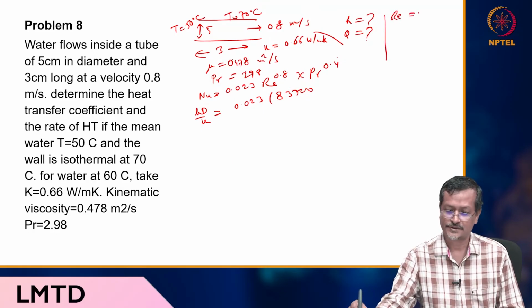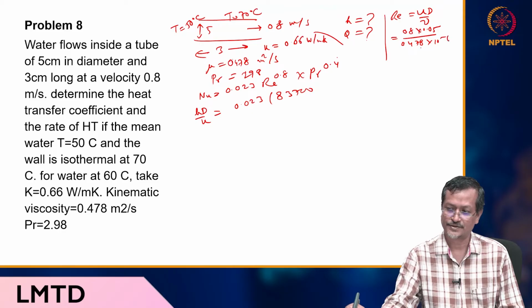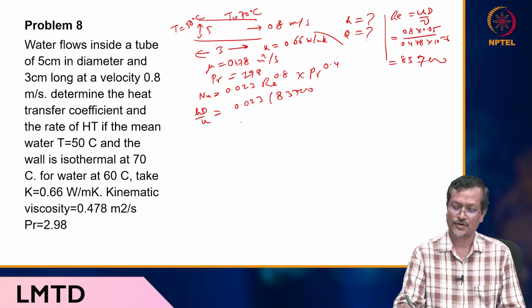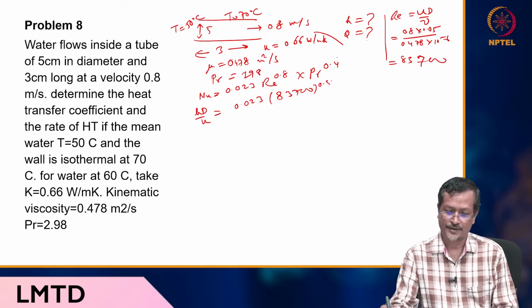Re equals UD by mu. So this will be 0.8 into 0.05 divided by 0.478 into 10 to the power minus 6. So 83700. It's a non-dimensional number, so there is no dimensionality here. Then 0.8, 2.98, 0.4.